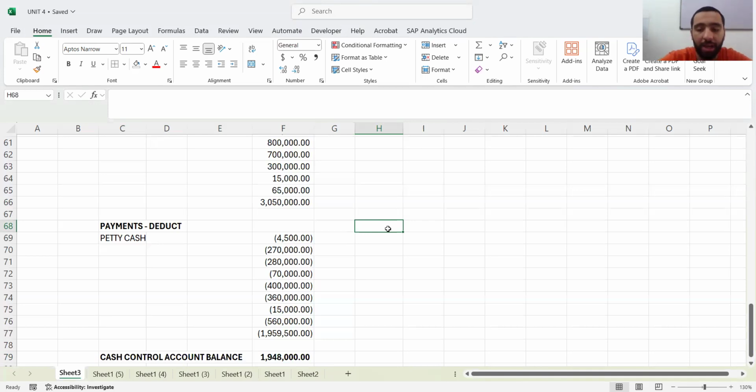Is anyone having an idea on how to do the amended cash control account balance? Very simple question, huh? Is anyone having an idea? Do you all know how to do this? Very simple one, huh?